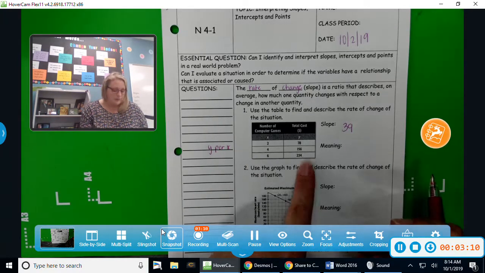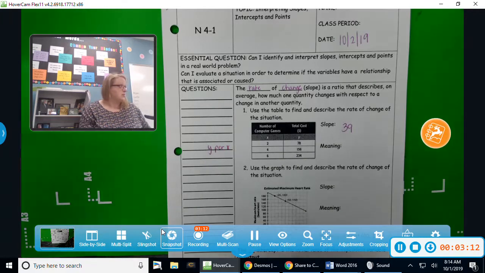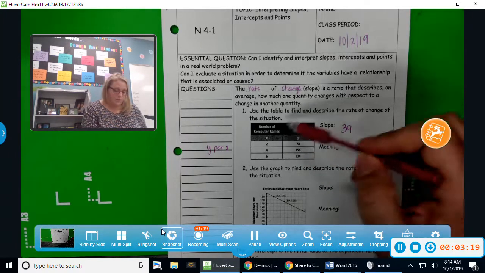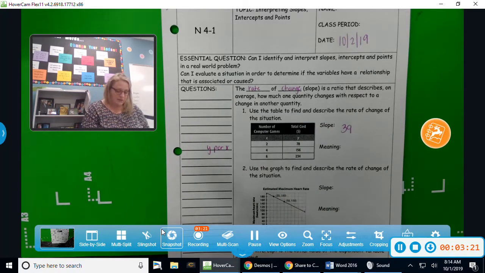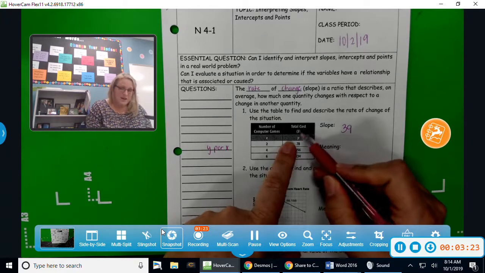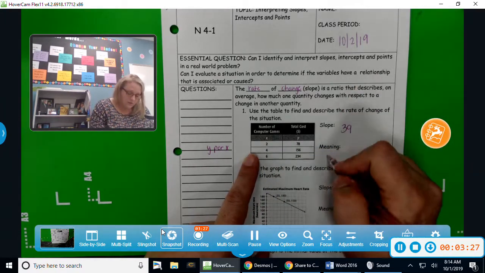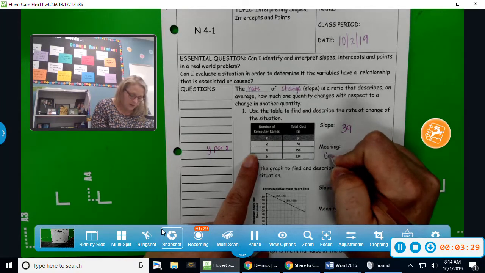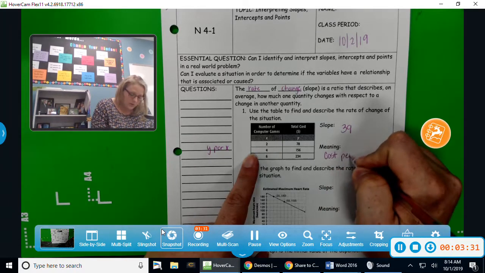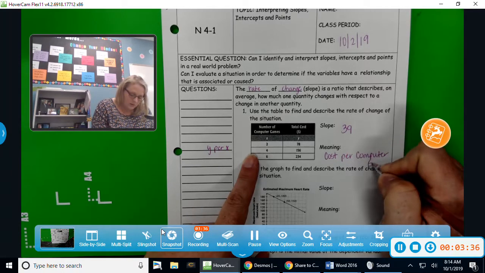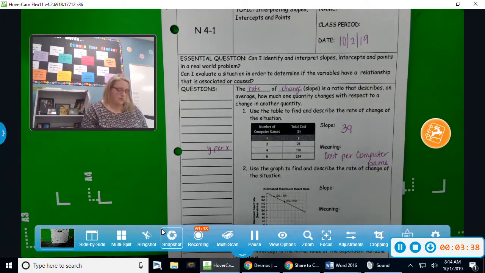So what you're going to do is put the y value here over the x value. So here you're going to put money per computer game. So the meaning here is going to be the cost per computer game.